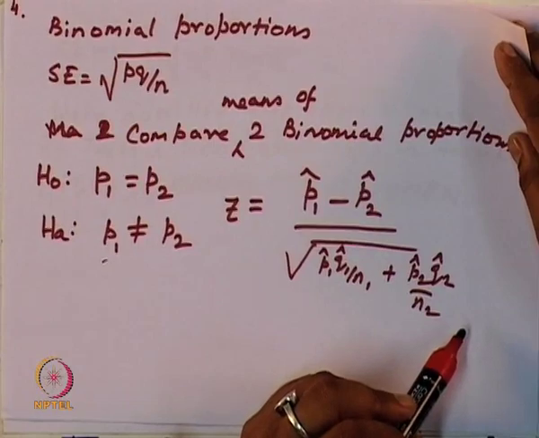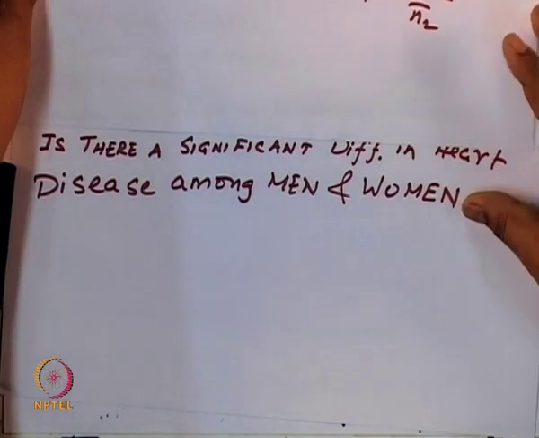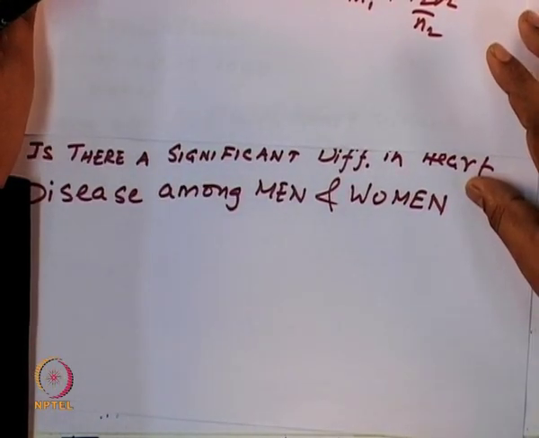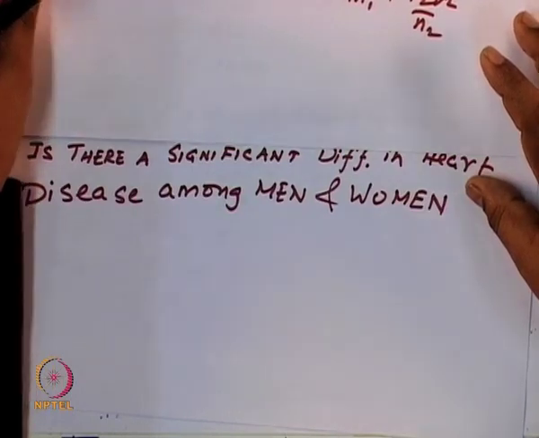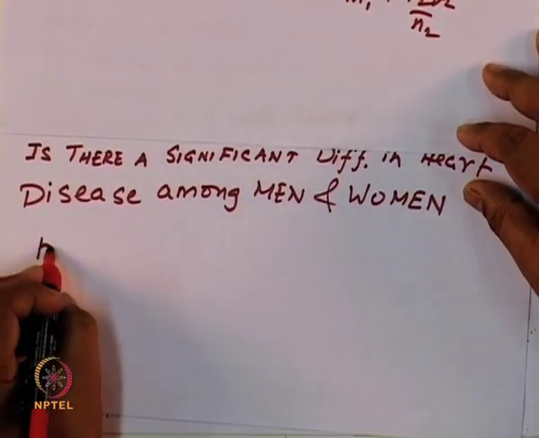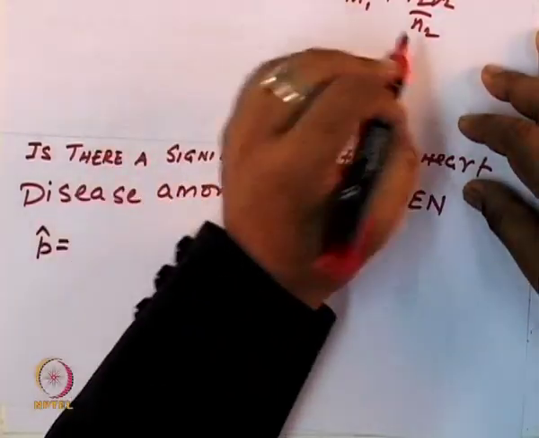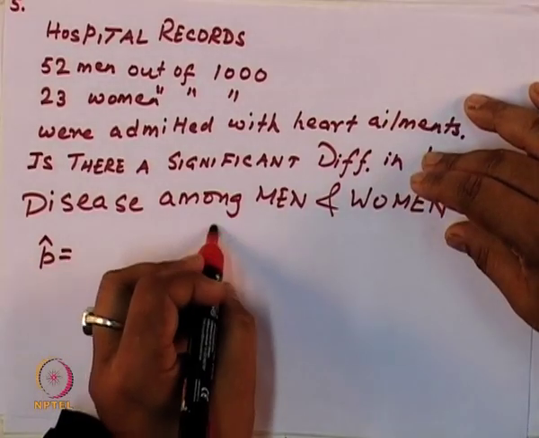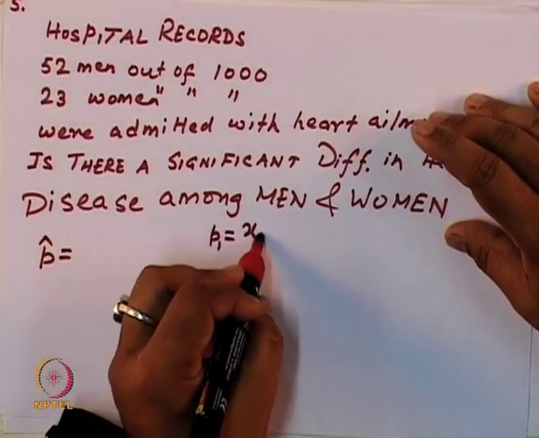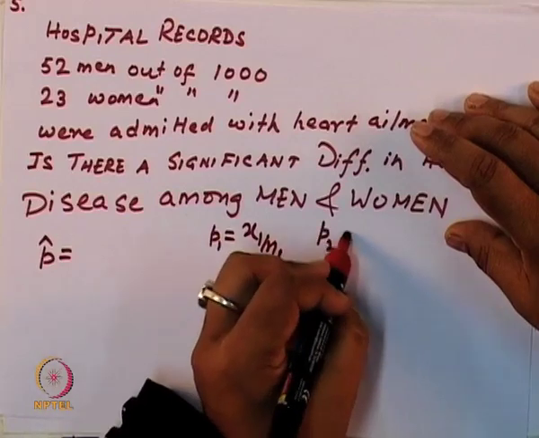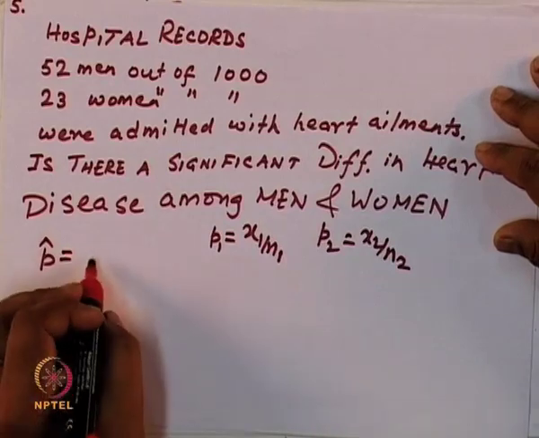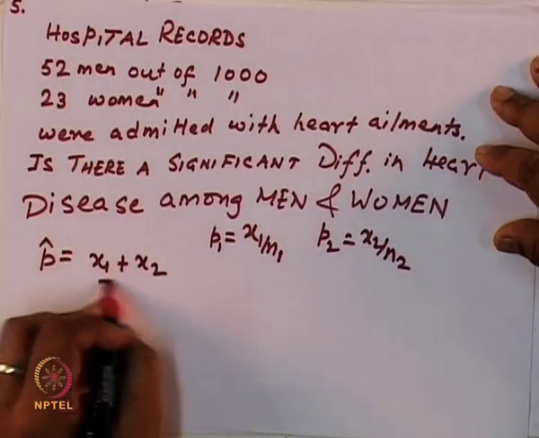However, we do not know what value of P to put for two different populations. So, what we can do is estimate P hat as an average. You can have P1 as x1 by n1 and P2 as x2 by n2, and put in the value of P hat as x1 plus x2 by n1 plus n2.